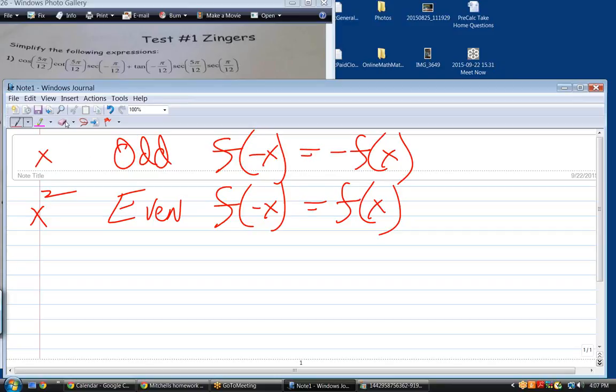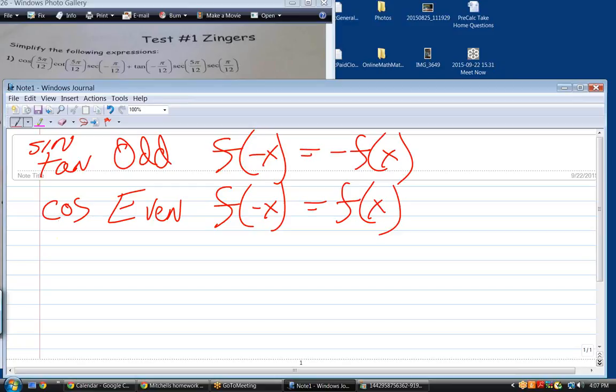With trig, sine and tangent are odd, and cosine is even. Their reciprocals are the same as they are. So cotangent is odd, cosecant is odd, and secant is even. So once again, just remember these three. You can always figure out the others.